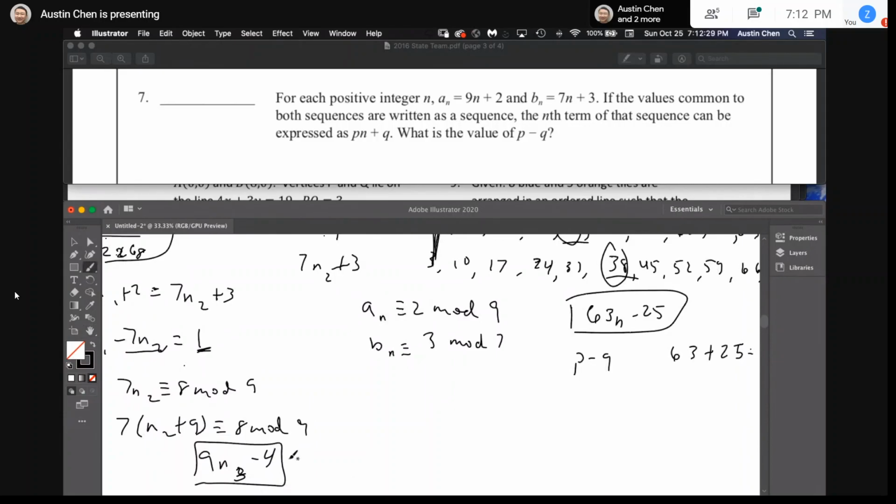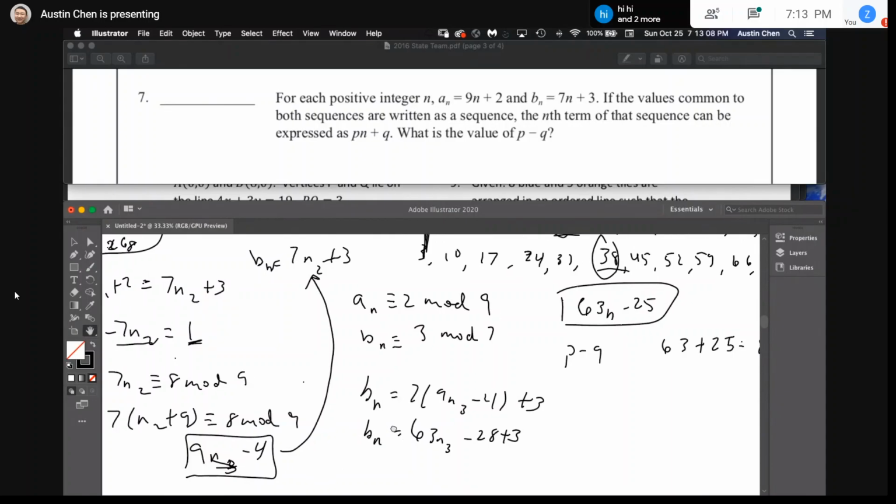Then we can plug this into our b sub n formula here, and we'll get b sub n in a sequence of n sub 3, but n sub 3 is just positive integers, right? So if we do that, then we have 63 n sub 3 minus 28 plus 3.